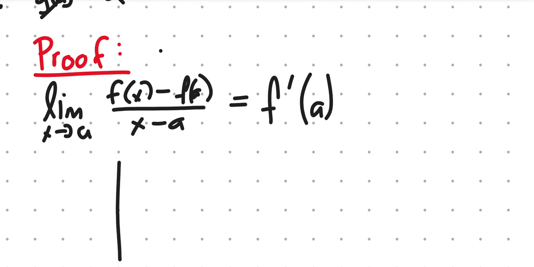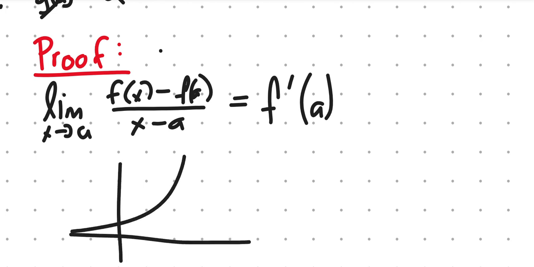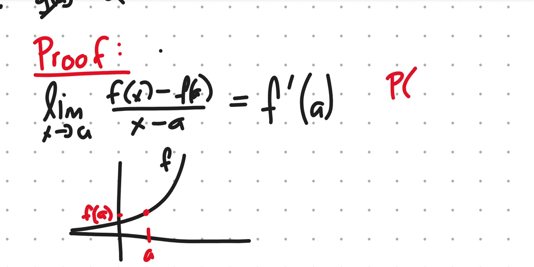To show this in a graph, I can show you a function f. Let's just assume the function f looks like this, and we have the number a, which can be any number, negative or positive. Now f of a is on the y-axis, so we have the point P, a and f of a. And we have another point Q, which contains x and f of x.